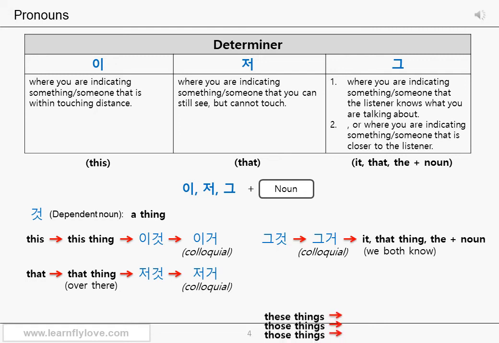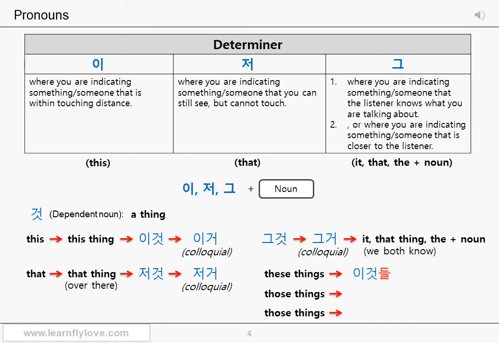Of course, you can make plural forms too. In English, there are many irregular plural forms, but there are not in Korean. You can just add the 들 sound to any noun to make it plural, as you add s to a noun in English. So these things, 이것들. When you make it plural, you cannot use the colloquial form 이거.